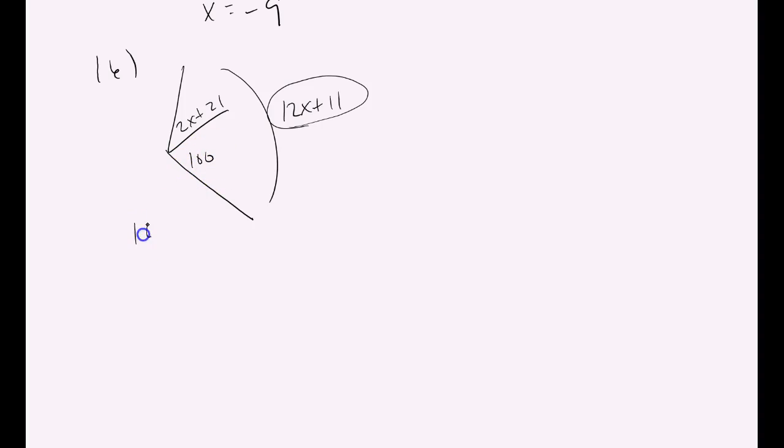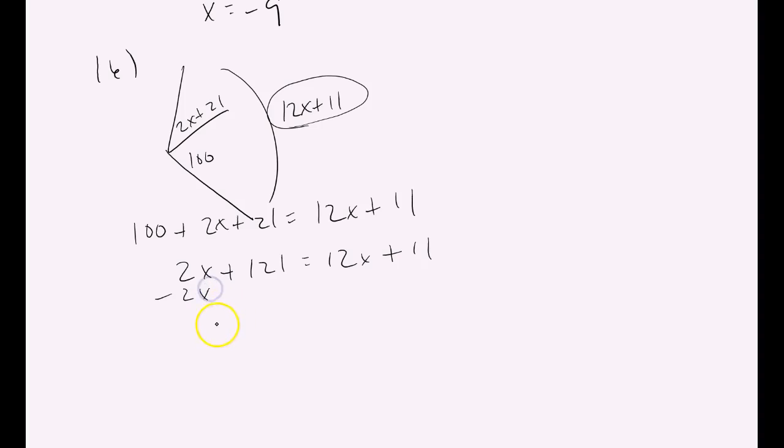So this piece of the picture plus this piece of the picture is equal to the total. And then that means it's this. So what I would probably do is subtract 2x from each side, and I would probably bring this 11 over as well. So what's 121 minus 11? Is that 110?